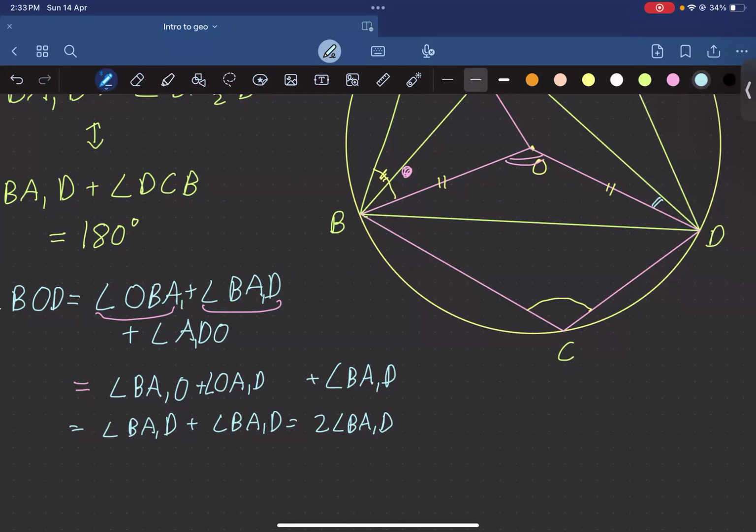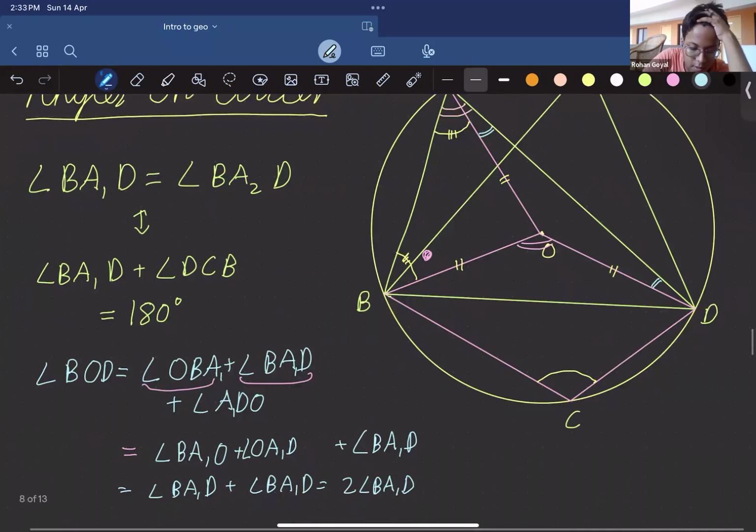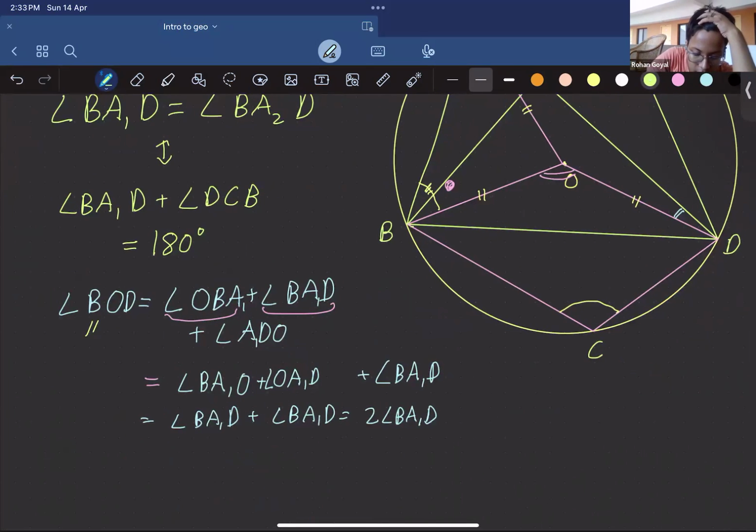Is the first equality true? Which one? This BOD one. Okay, good. So what is BOD? This is 360 degrees minus the reflex version of BOD.